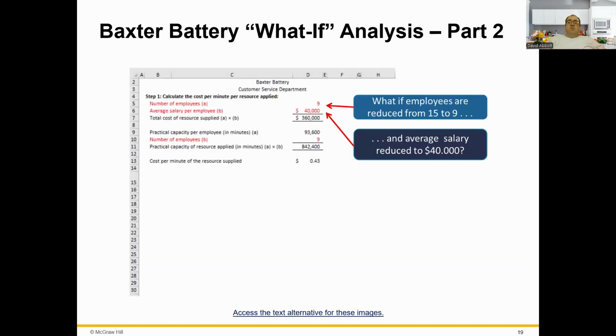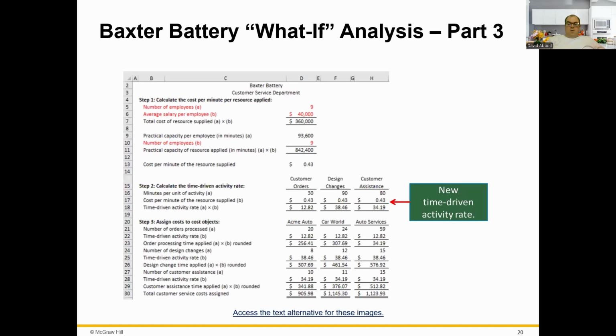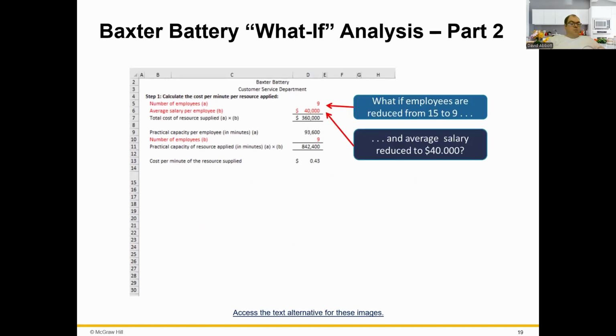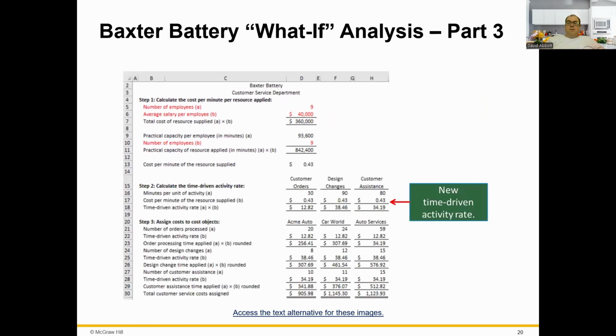So what we can do is some what-if analysis. In this case, if we say that we have reduced our number of employees from 15 to 9, and we reduce our average salary to 40,000, then we're able to calculate a different cost. Our cost rate changes to 43 cents per minute.